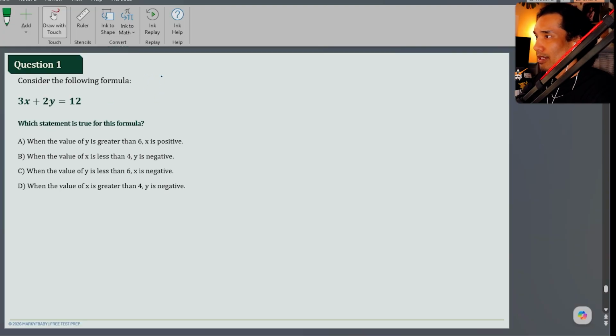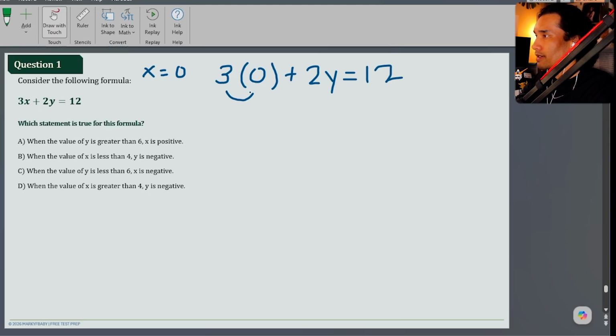First, let me set x to 0. That gives me 3 times 0 plus 2y equals 12. And 0 times 3 is 0, so we get 0 plus 2y equals 12, giving us just 2y equals 12.